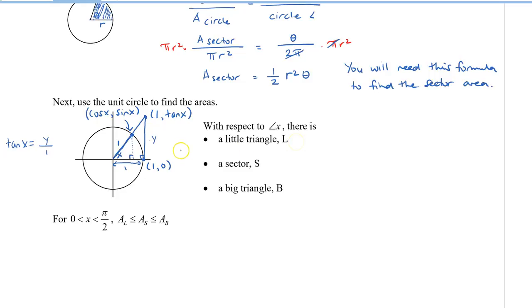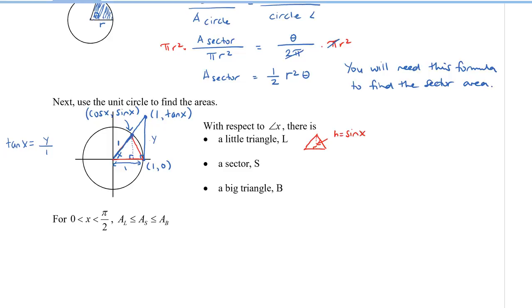So the little triangle L, which I am going to say is this triangle here. Let's draw this in red. Okay, so the little triangle L has a height of sin x.